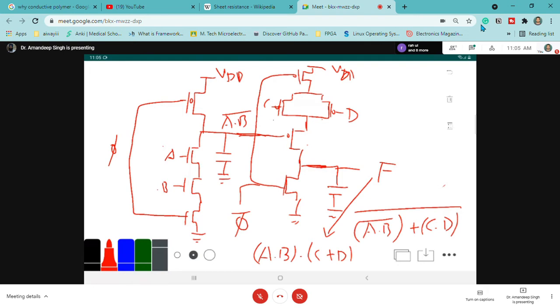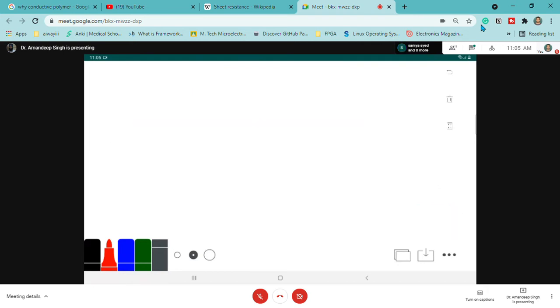Similarly, suppose I want to implement an XOR gate, then how many gates will be used?